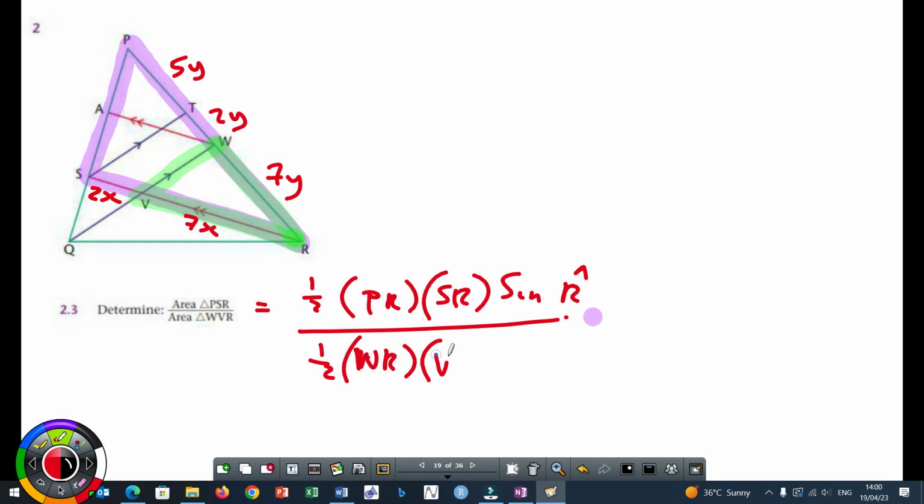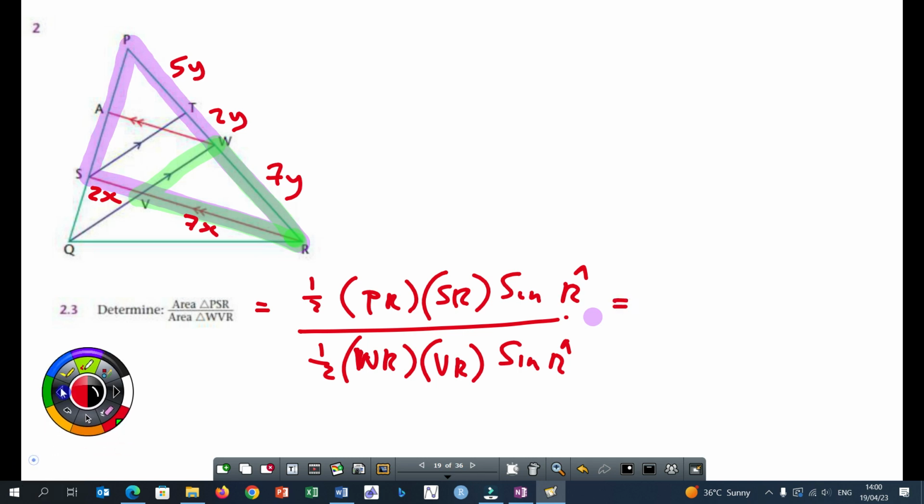So this is WR, then here I'm going to have VR. Well, because of multiplication, it's the same anyway. Now, based on what I told you yesterday, these two halves will cancel out. The sine R's will also cancel out. Now, the interesting thing is, if I plug in the lengths of PR, SR, WR, VR in terms of the constants, the constants will disappear. I hope you've seen that now.